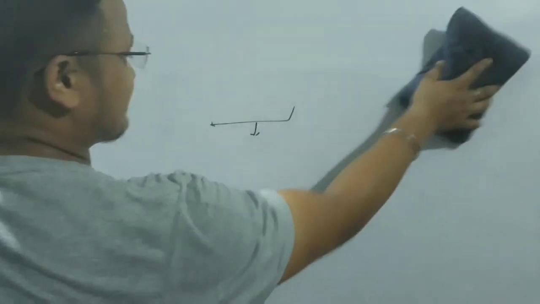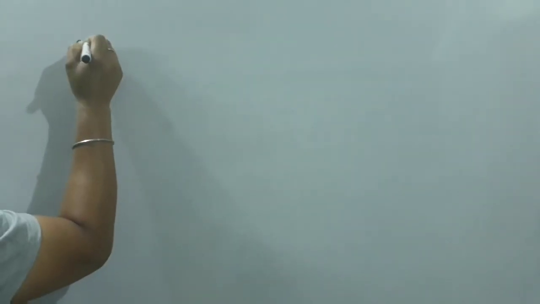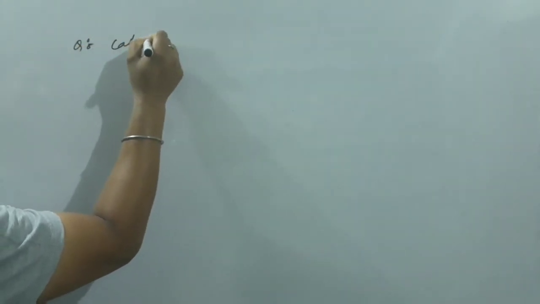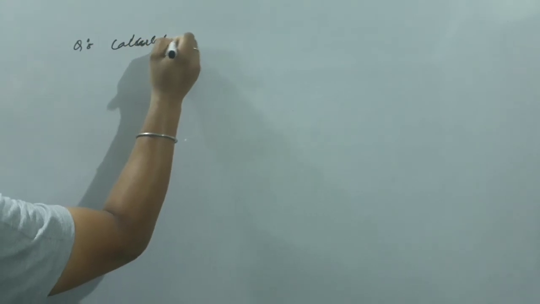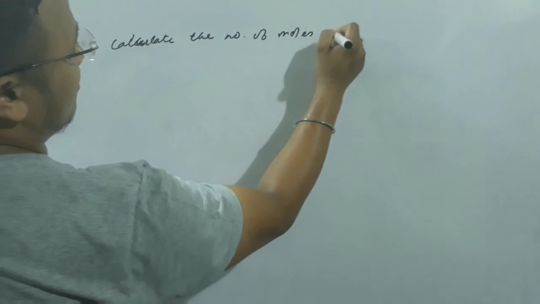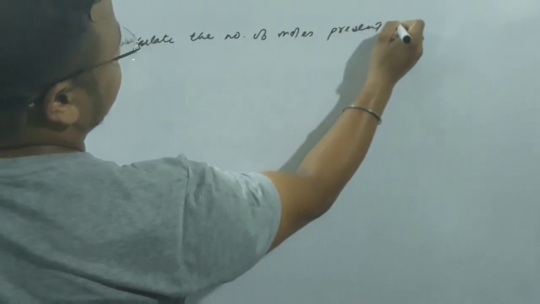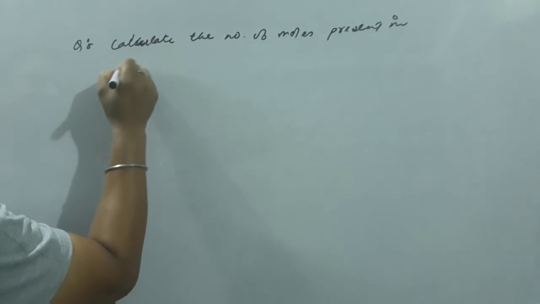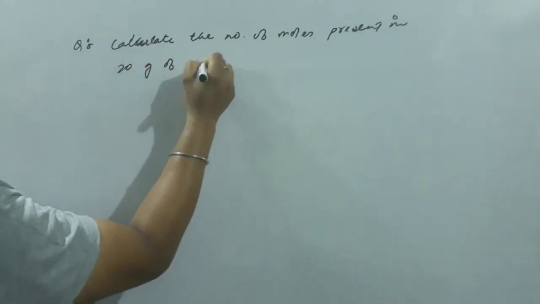Now let me show you one example of the calculation of moles. Suppose I ask you to calculate the number of moles present in 20 gram of sodium hydroxide.